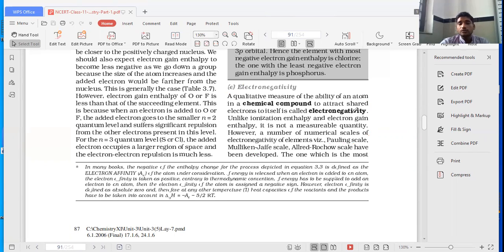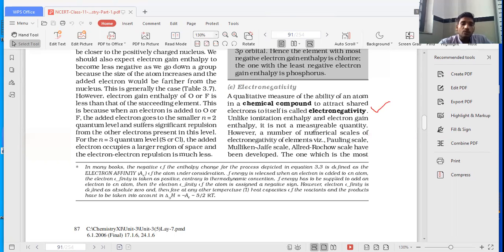The tendency to attract shared electrons to itself is called electronegativity, and unlike ionization enthalpy or electron gain enthalpy, it is not a measurable quantity. Just now we have discussed this. However, a number of numerical scales of electronegativity of elements, that is the Pauling scale, Mulliken-Jaffe scale, Allred-Rochow scale, have been developed.